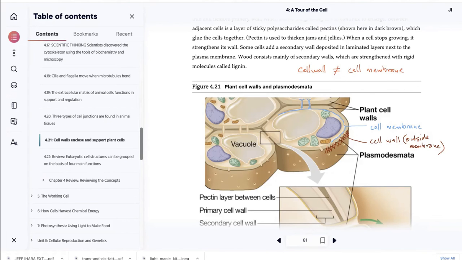Don't confuse the two. If you mean cell membrane and you write cell wall in your exam, that's not going to give you any points, because the cell wall actually is a structure and it's different from the cell membrane. It's something that happens outside. Cell wall is rigid.